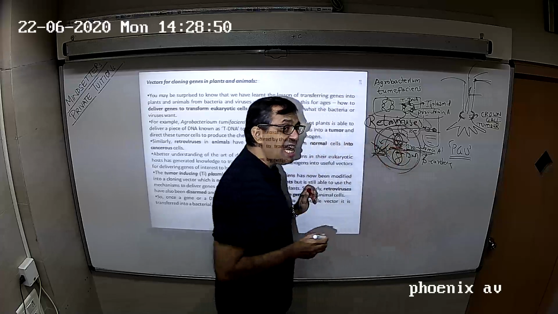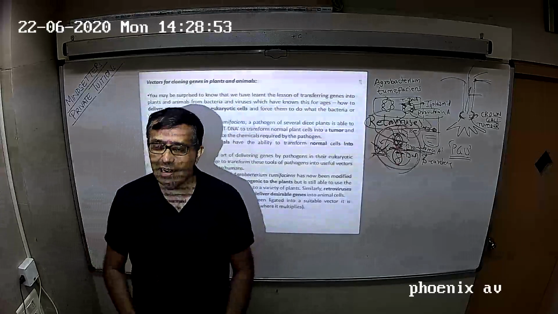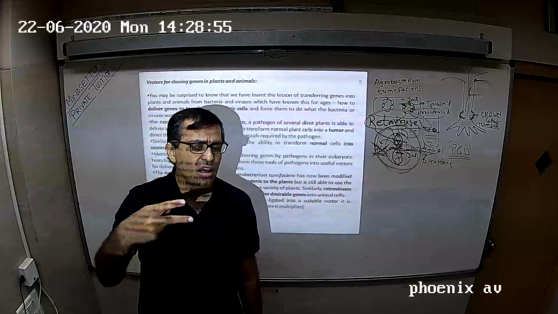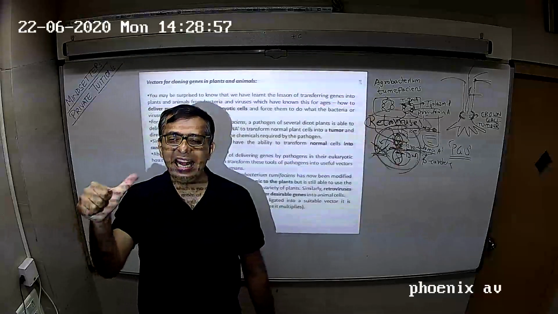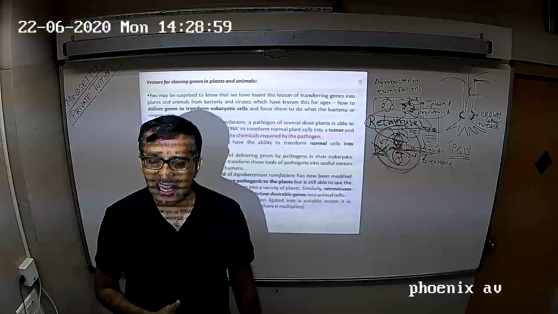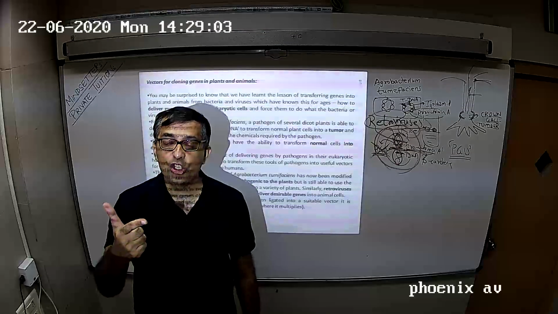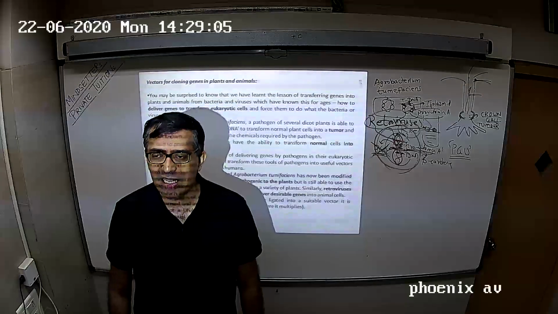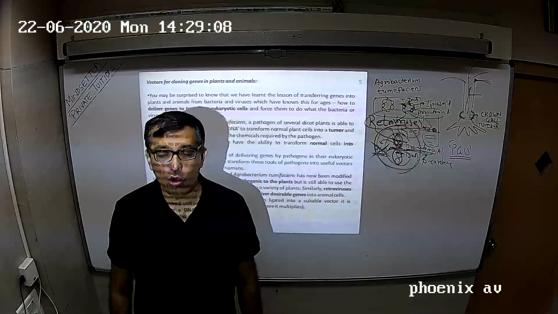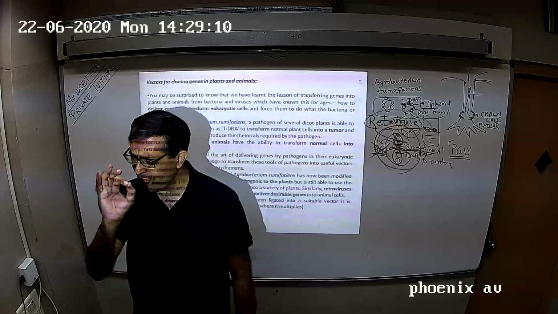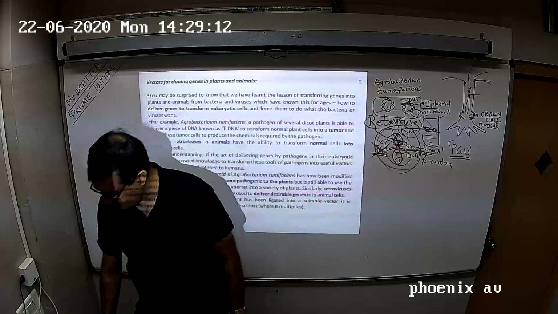Retroviruses are the genetic engineers of animal cells. So remember these two golden words: genetic engineer of plant cells is Agrobacterium tumefaciens, and genetic engineer of animal cells is a retrovirus. Beautiful concept, definitely remember this.